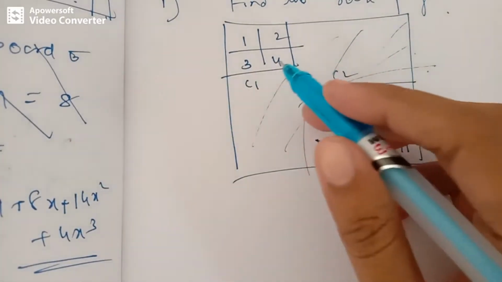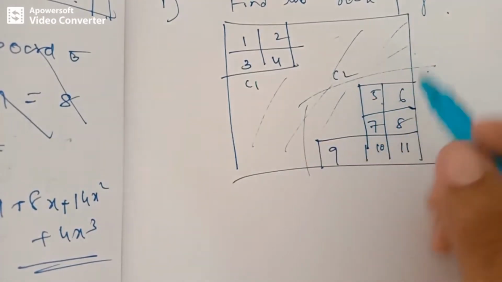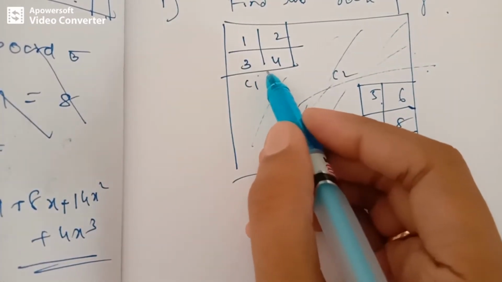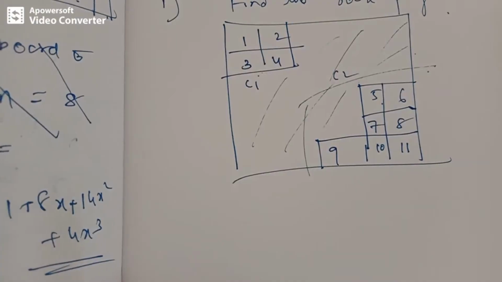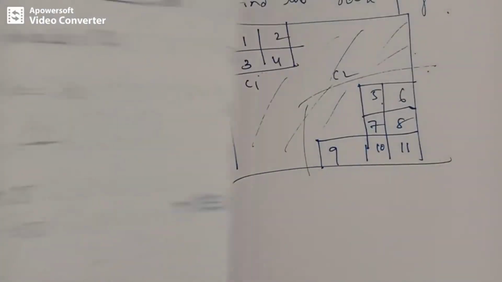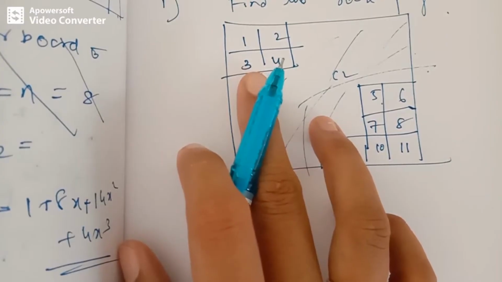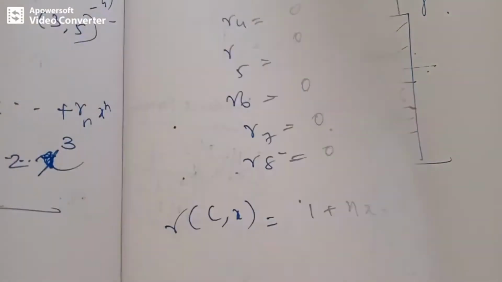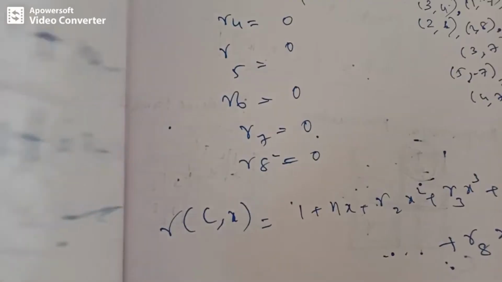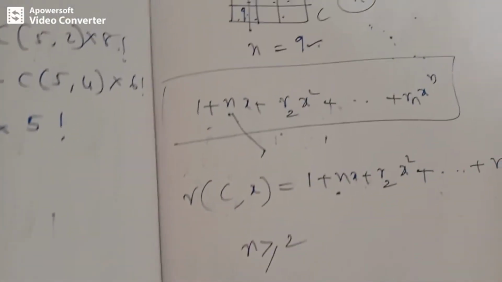We need to find the Rook's polynomial for both of them. We have already calculated the Rook polynomial for this 2 cross 2 board. If this is asked as a separate question, you cannot write it directly; you need to calculate the individual values of R1, R2, R3, R4. But for now, I am just reusing that Rook's polynomial.